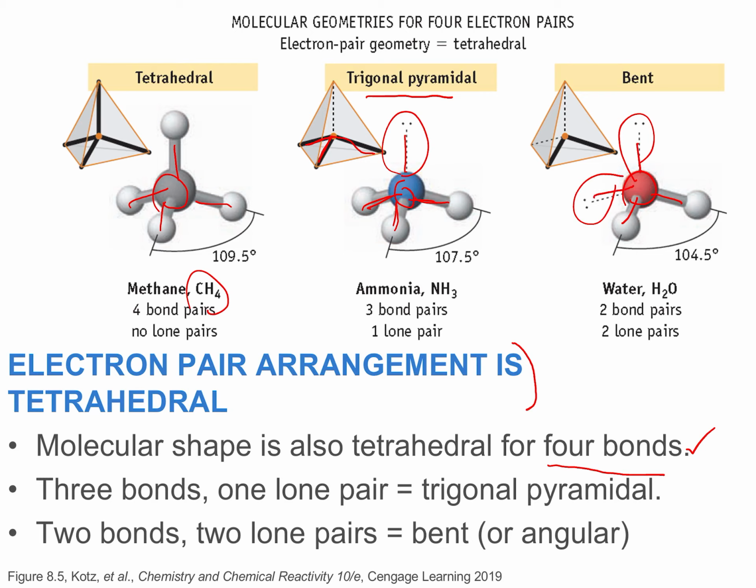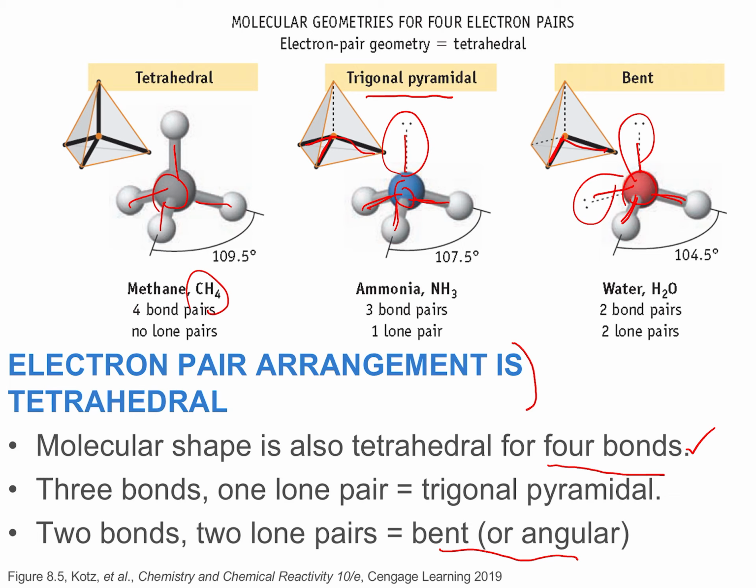So that's 1, 2, 3, 4 regions of electron density. So this is also tetrahedral, but its shape is either bent or angular. If I disregard the electrons in terms of contributing to its shape, I have a bent shape right here up at the top.